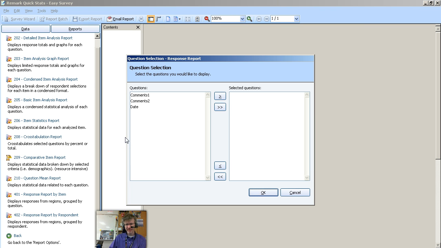Response report, I think this is for comments where you would like to know how many people are responding or what their responses are. And I think this is going to summarize the region of the report where people are talking about, or where it's verbatim responses. So I suppose I could try this. Let's see, comments 2 I believe is the one.